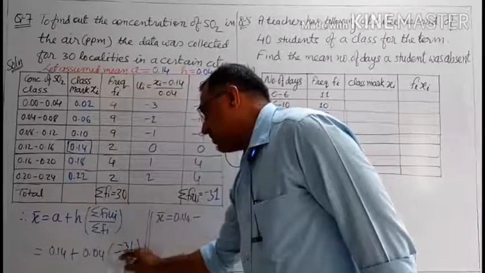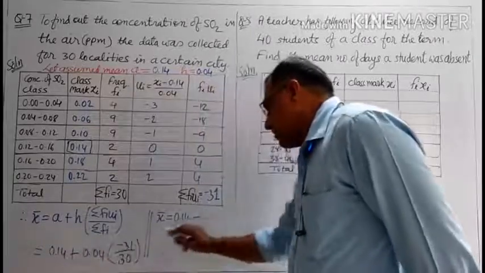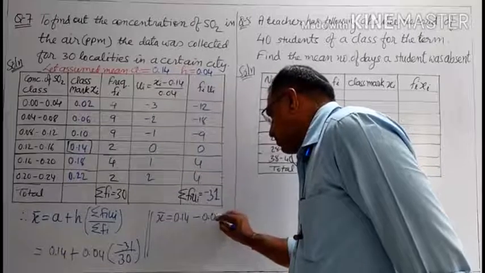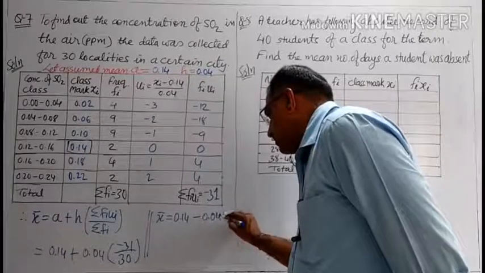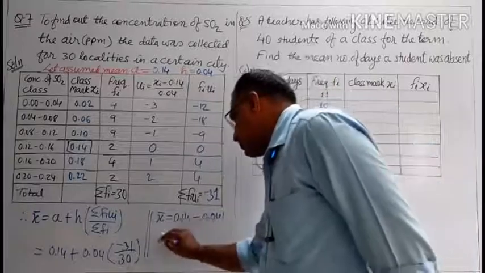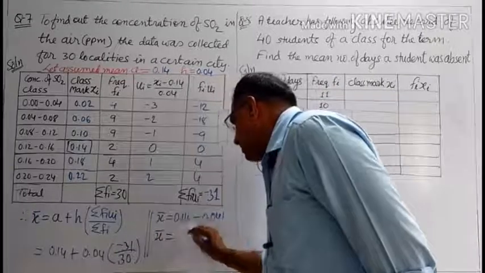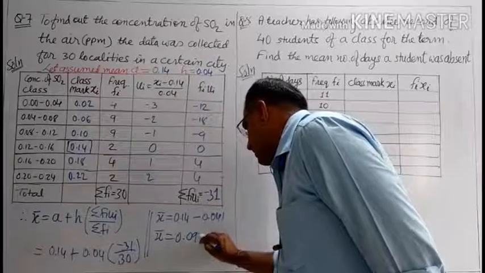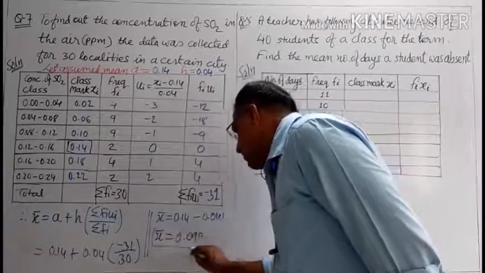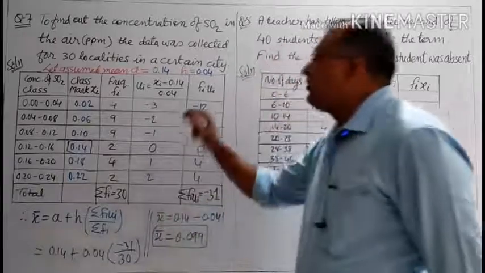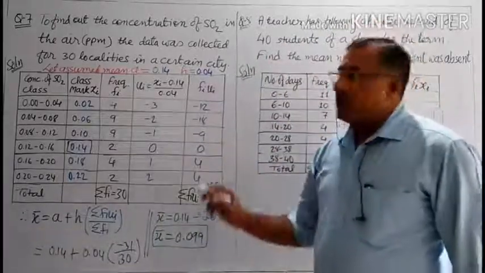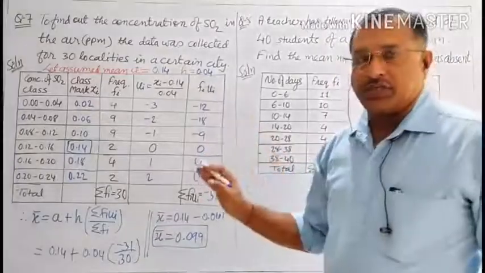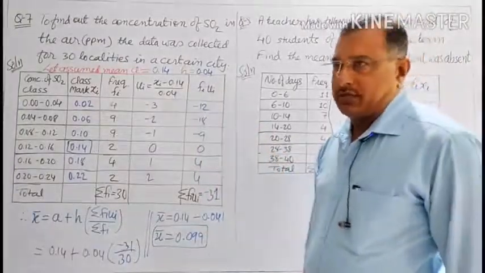When we multiply this, we get a negative value, and the product is 0.041. So on subtracting, we will get 0.099, which is the mean concentration of sulfur dioxide in the air in a particular city of 30 localities.